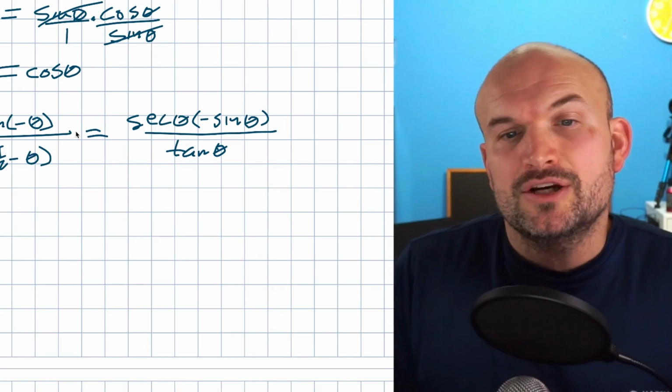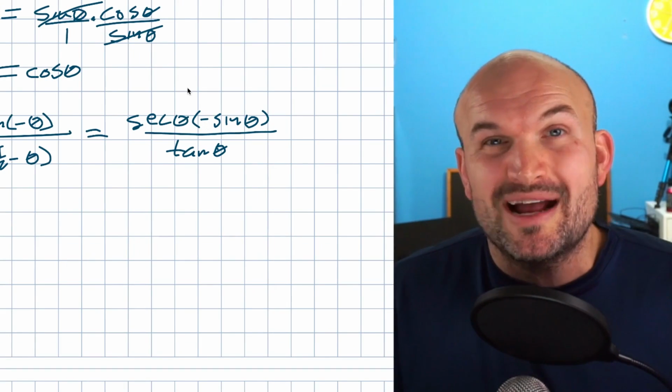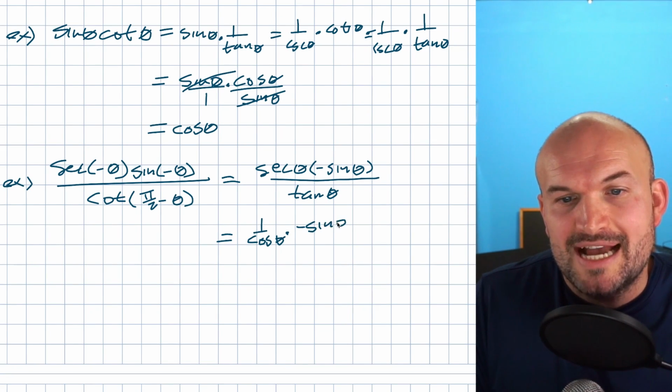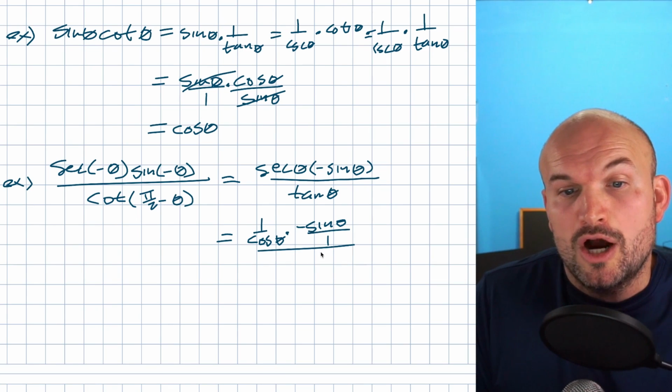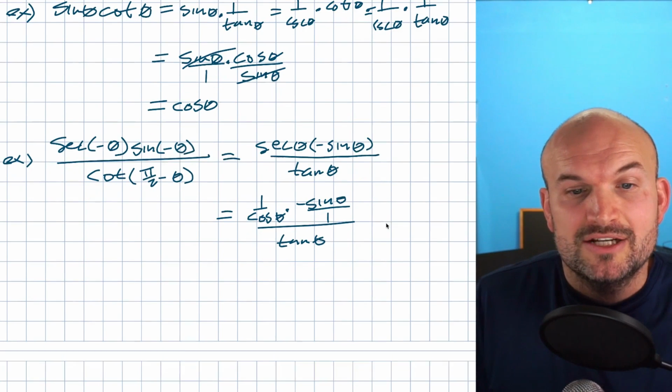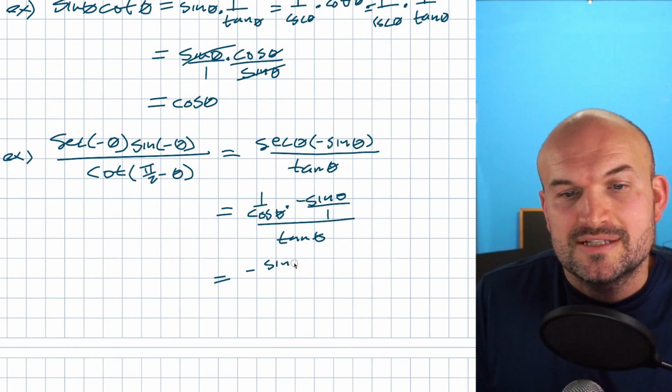To simplify this, I'm going to multiply my numerator to try to get it down to one expression. So I have 1 over cosine of theta times negative sine of theta in the numerator, all over a tangent of theta. This gives me negative sine of theta over cosine of theta divided by tangent of theta.